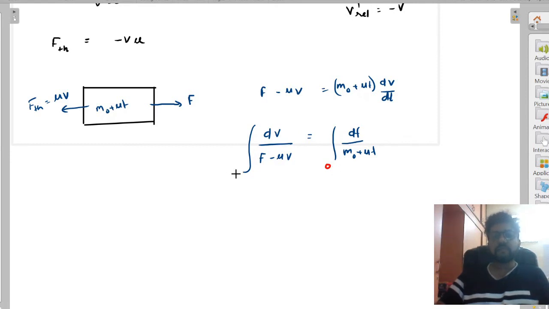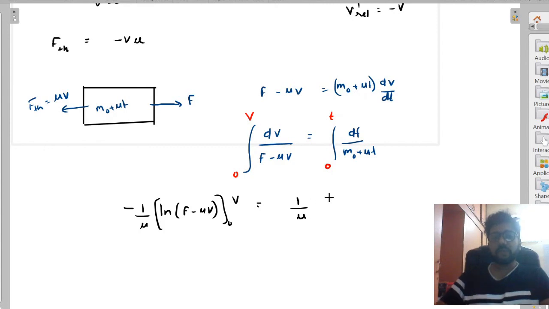At t equal to any time t, you need to find the velocity. From this, you will integrate and say that minus 1 by mu ln of F minus mu v, integrated from 0 to v, is equal to 1 by mu ln of m naught plus mu t, integrated from 0 to t.